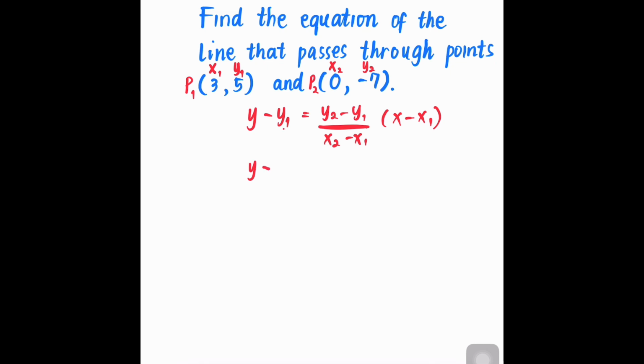Minus y sub 1 is 5 equals y sub 2 is -7 minus y sub 1 is 5 over x sub 2 is 0 minus x sub 1 is 3 times x is not going to be replaced by anything, minus x sub 1 is 3.